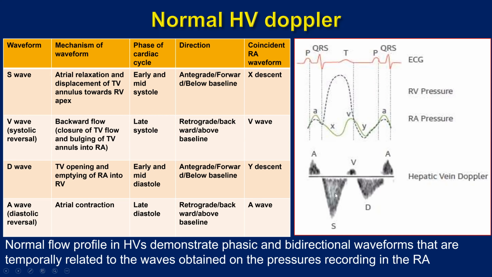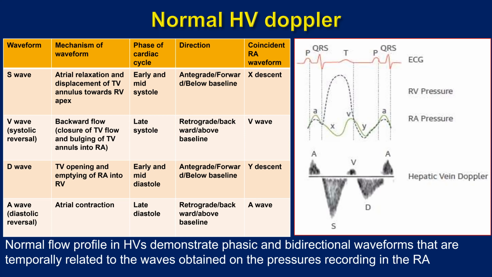So there are two mechanisms of the S wave. Number one, atrial relaxation. This will create negative pressure, will let the blood flow from the hepatic veins and IVC to the right atrium. And the second mechanism, the big one, is the descent of the tricuspid valve.